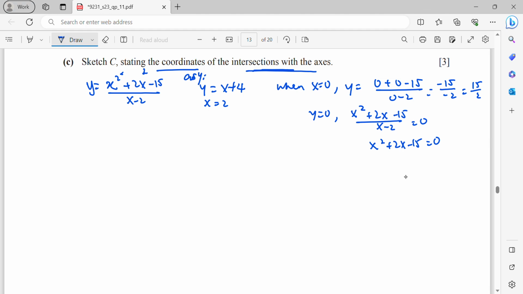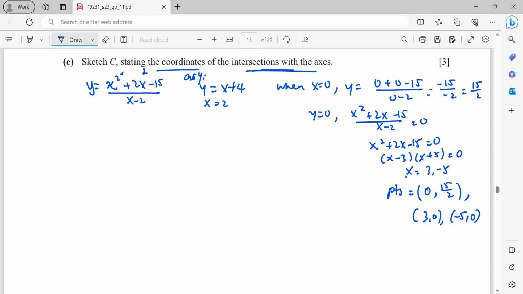Then from here, I will simplify it into (x minus 3)(x plus 5) equals 0. Hence, x equals 3 and minus 5. Okay, so I get 3 points here. So the points are (0, 15/2), (3, 0), and (minus 5, 0).